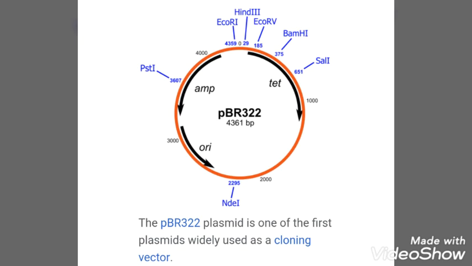So just the diagram, and also the important characters you have to mention. This plasmid is a round circle, and it has the important sites. Mention those important site names in that vector.